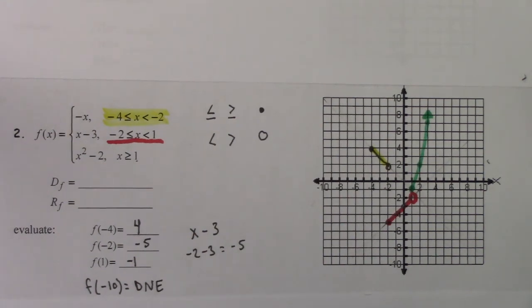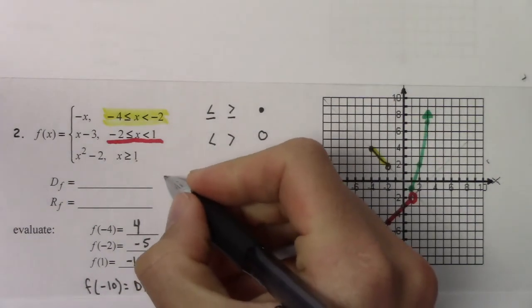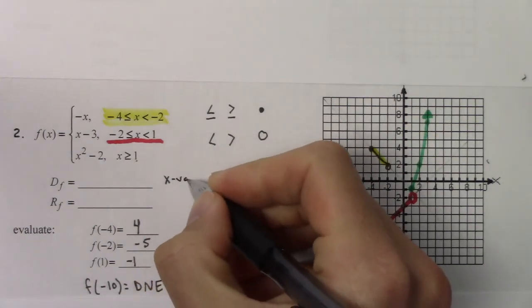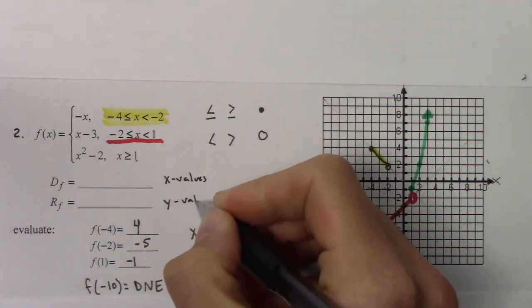The only other thing I'm going to touch on, because I think it gets mentioned in one of the problems at one point, is domain and range. Remember that domain is your x values, and range is your y values.